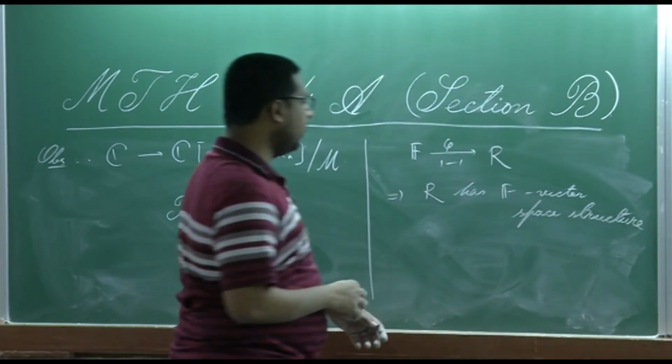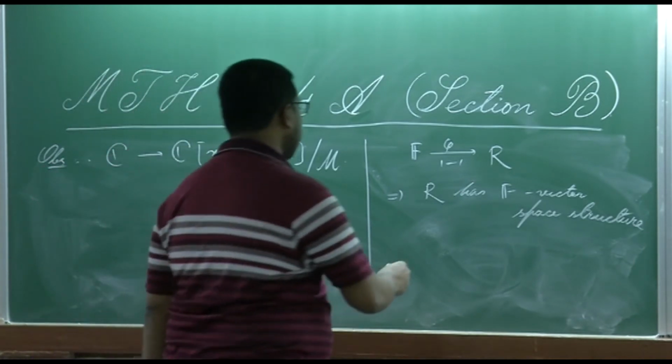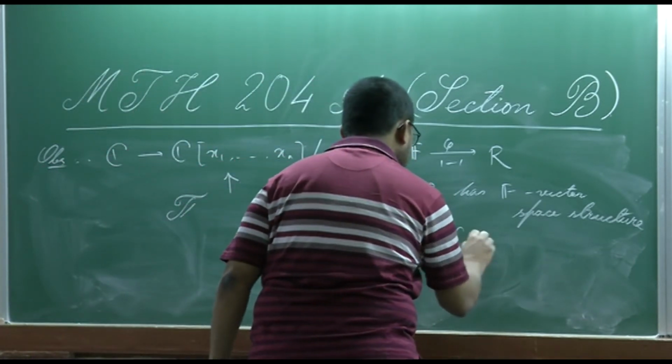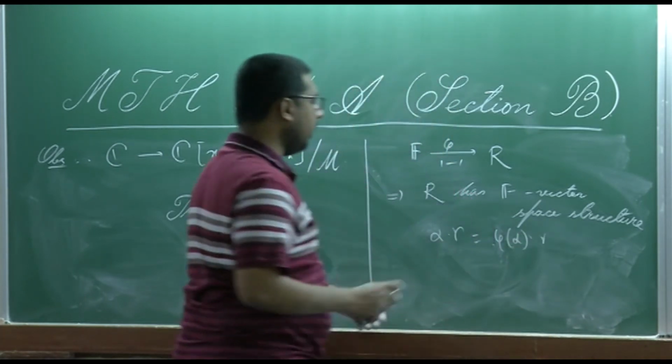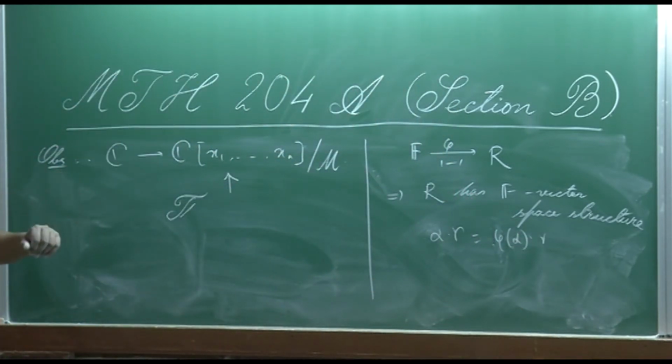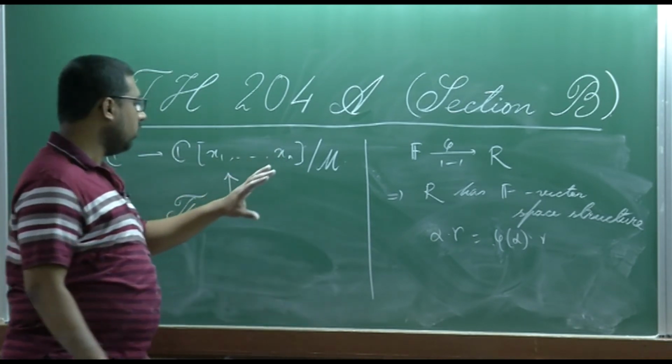That's obvious. The addition will be just the addition of R, and the scalar multiplication will be defined as alpha times r equals phi of alpha times r. So whenever we are having an injective homomorphism, we see that this works.